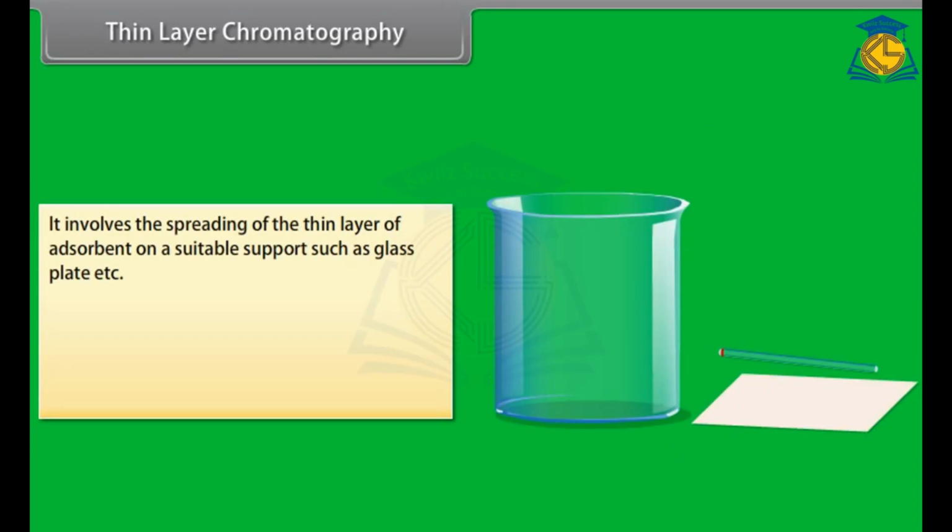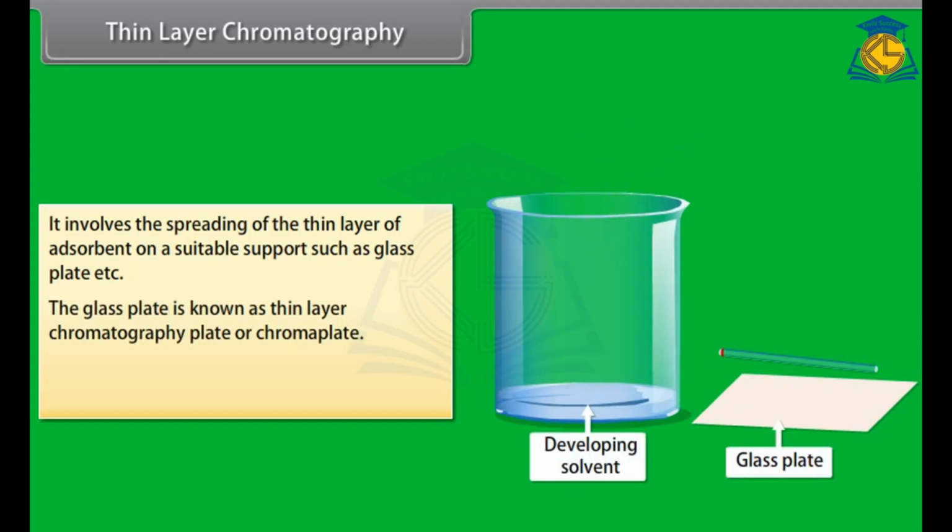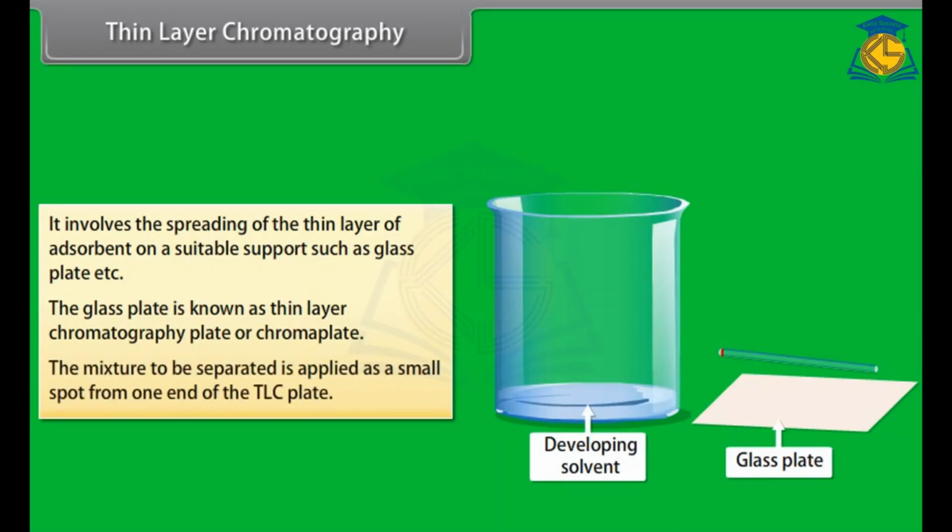Thin layer chromatography. It involves the spreading of a thin layer of adsorbent on a suitable support such as a glass plate, etc. The glass plate is known as thin layer chromatography plate or chroma plate. The mixture to be separated is applied as a small spot from one end of the TLC plate.